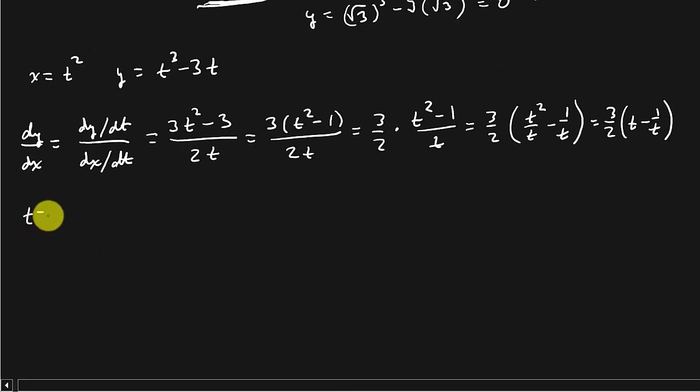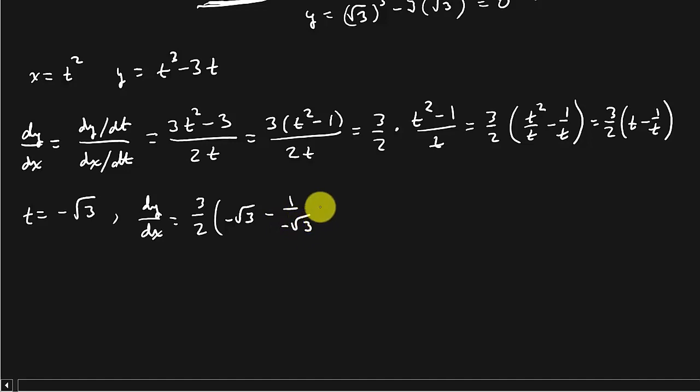So when t equals negative square root of 3, dy/dx is equal to 3/2 times negative square root of 3 minus 1 over negative square root of 3. The minus and minus make it a positive.